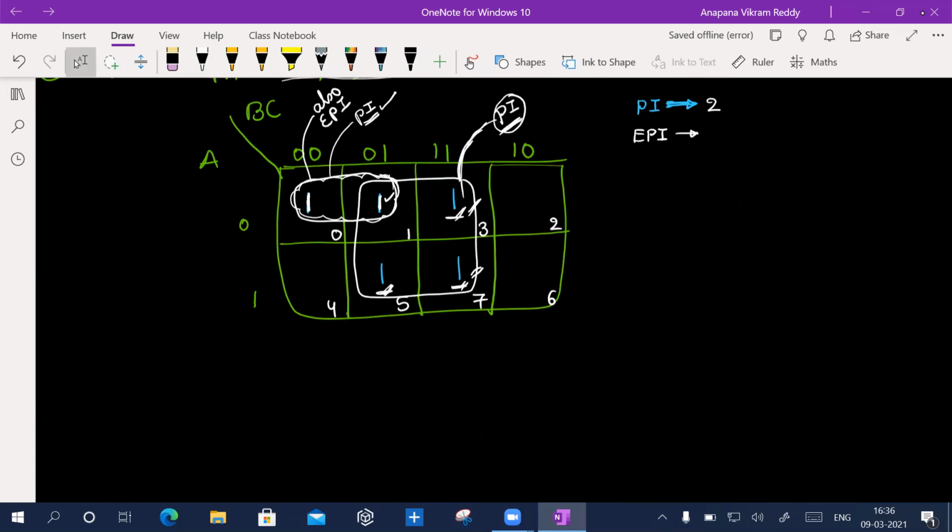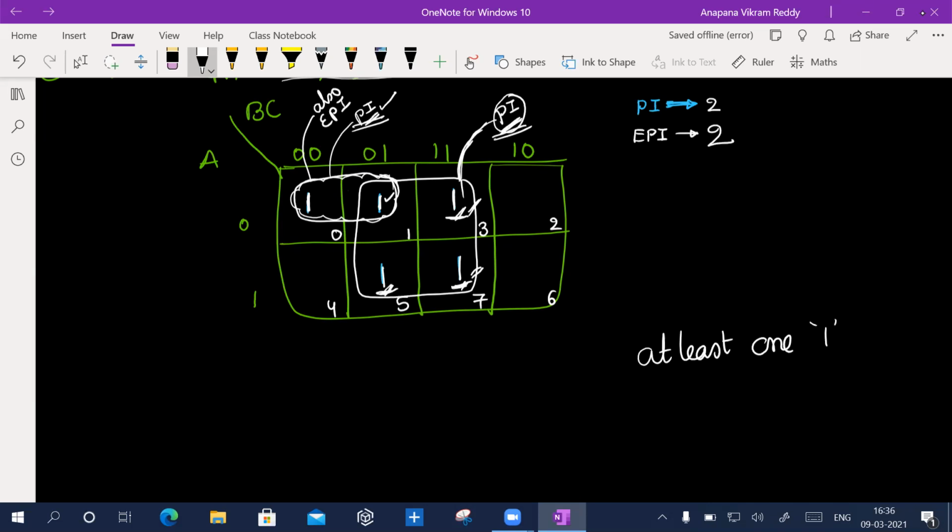Of course, the condition is at least one. But I have how many ones here? I have this one, I have this one, I have this one. Yeah, I have many, but meaningfully, I have only 2 PIs. This PI and this PI. That's it. Of course, I have more than one here. Doesn't matter. But there are only 2 PIs. So therefore, answer is 2 EPI. That's it.